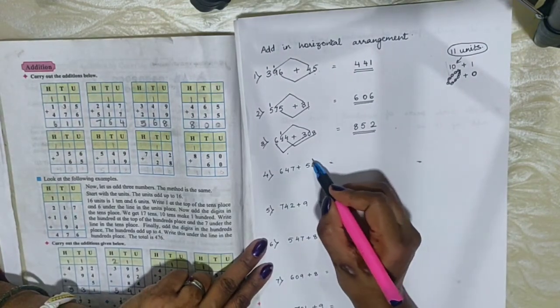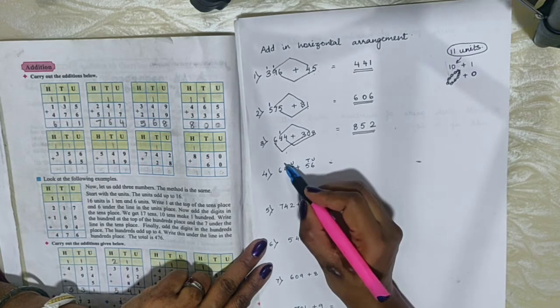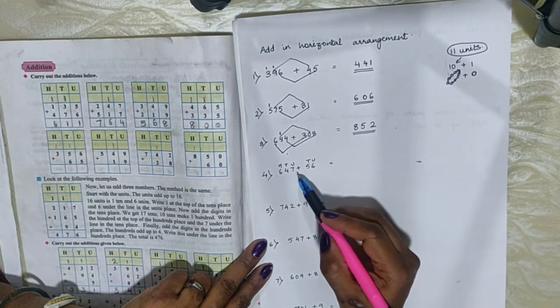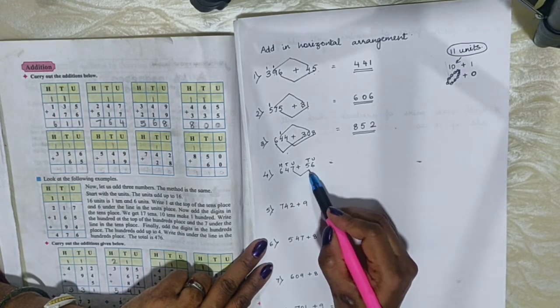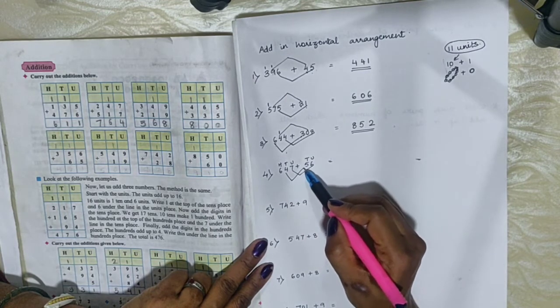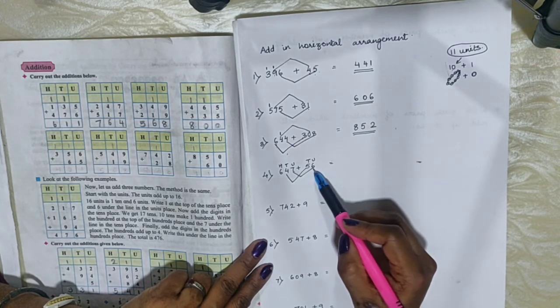See, this is units, tens, hundreds. Okay, children? So units you will add with units and tens you will add with tens. Okay, children?